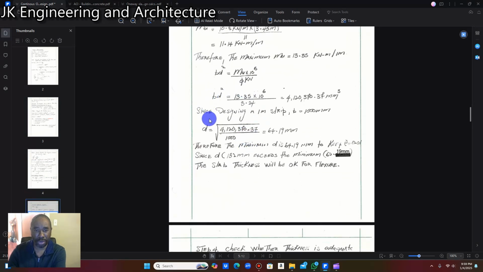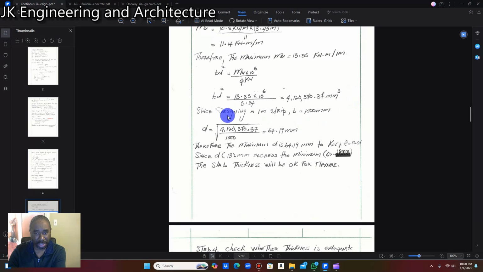So when we work that down, we're going to make d the subject. So we get bd squared, when we take 13.35 times 10 to the 6 divided by 3.24, the result is 4,120,370.37 millimeter cube. All right.